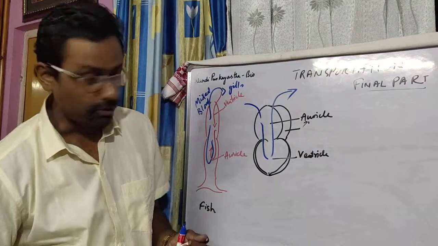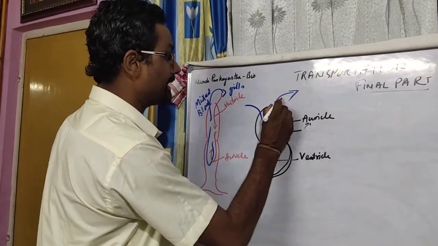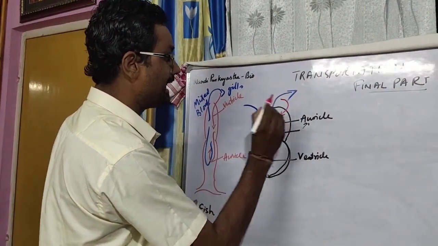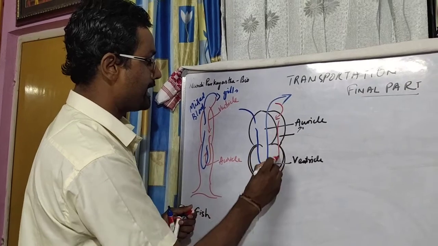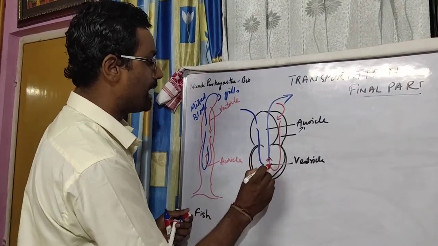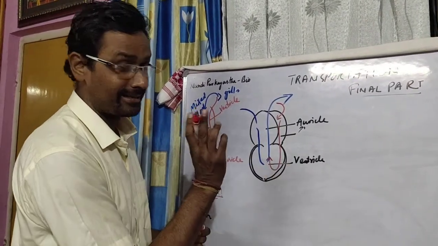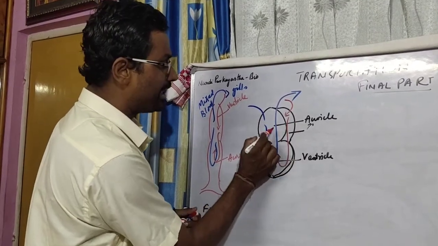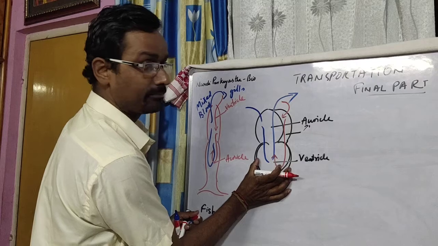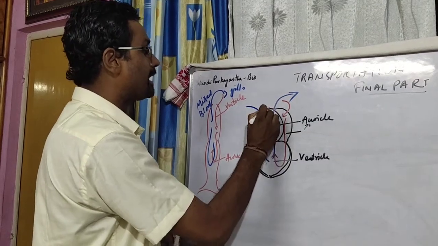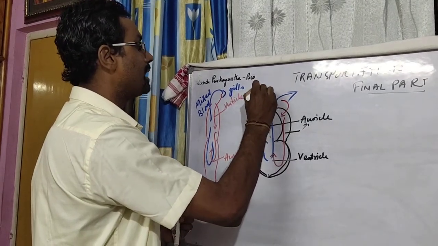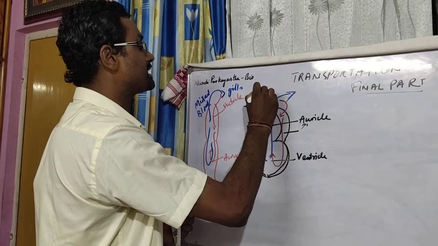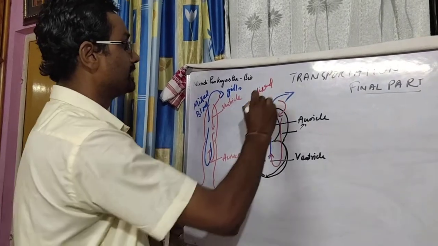Pure blood from the lungs enters the left auricle. Again it comes to the ventricle. Ventricle is one. What you are finding? The blood is mixed up. Even though here there is separation, but here it is mixed up. So ultimately, what type of blood is going out? There is mixed blood. Is it okay?